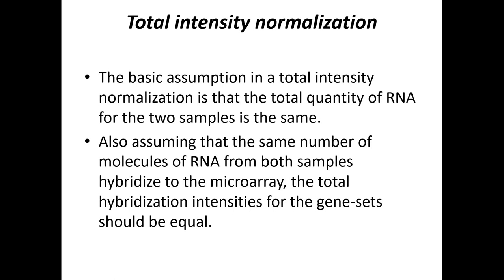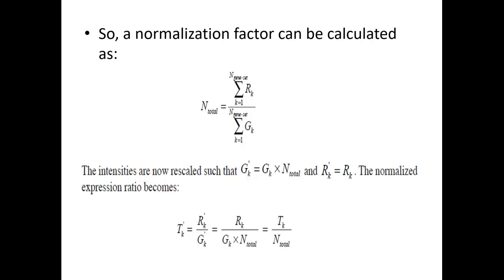To rescale, this normalization factor is used to rescale the values of RK and GK. So the values of RK and GK are now rescaled, and now the expression ratio will become different.